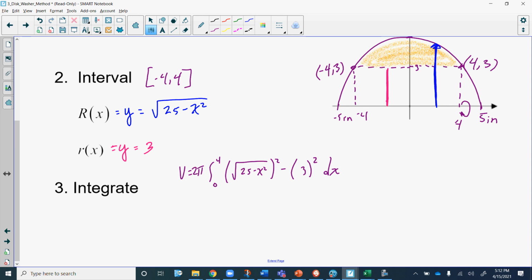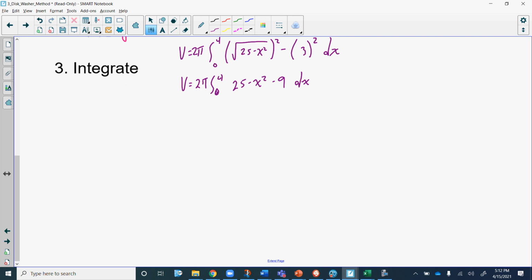And here, volume equals 2 pi integral from 0 to 4. And simplify, so that's going to just give me 25 minus x squared minus 9 dx. I need more room going down.